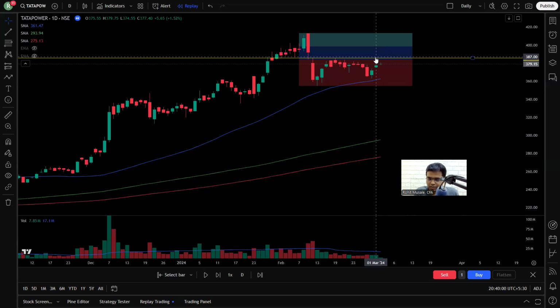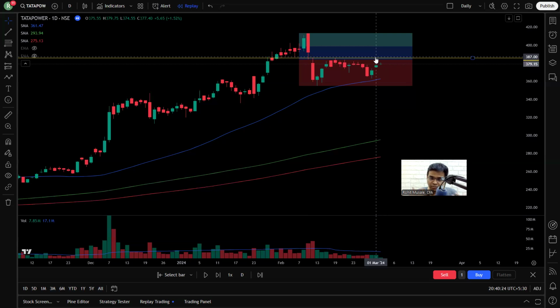Maybe you lost in one trade, you made money on 3 trades, or maybe you lost in 2 trades, made money on 2 trades. Net, you came out with a profit. Okay. If that is the situation, tell me one thing, does that increase your ability to take risk on this trade, or does that decrease your ability to take risk on this trade? Obviously, it increases your ability to take risk on this trade.